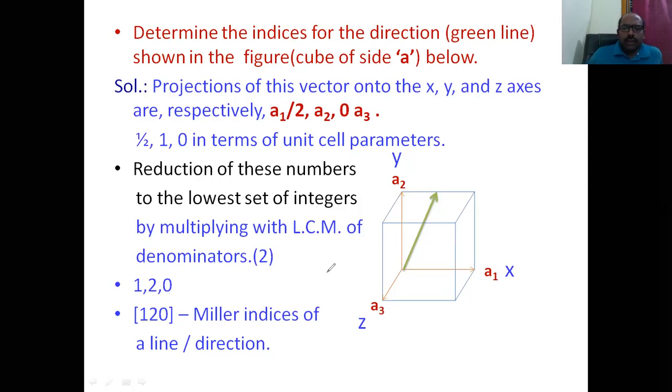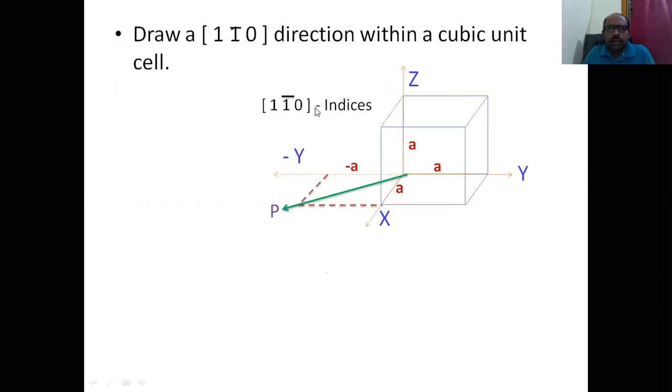Now we see another problem. Draw a direction within a cubic unit cell, where the direction is given in terms of Miller indices: square bracket 1 1 minus 1... that is, 1 1 bar 0.